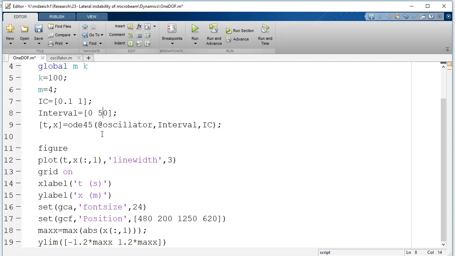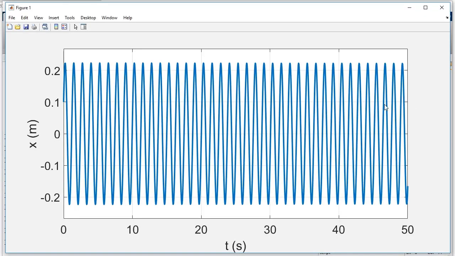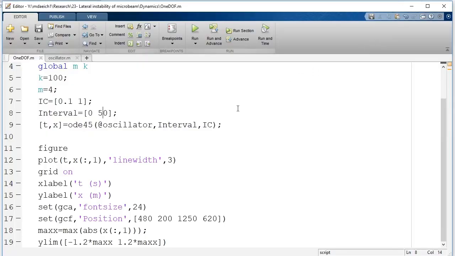Let's say you want to study the motion from 0 to 50 seconds. So if I run this, it should go for more number of cycles here. This is the 50 seconds. So this is how you solve the governing equation of motion for a simple mass spring system in MATLAB.